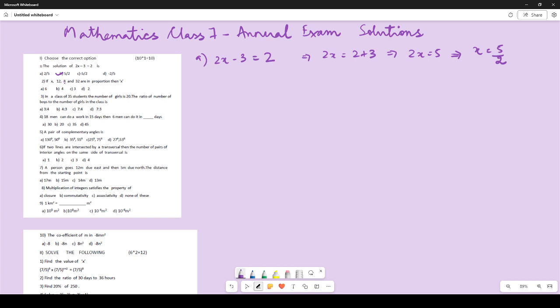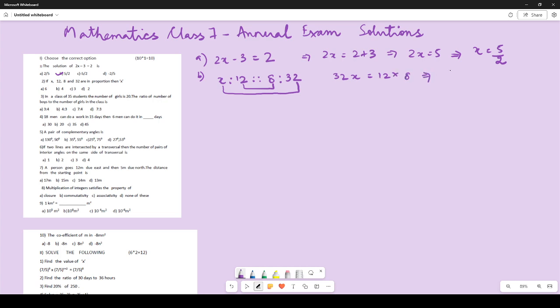If x, 12, 8 and 32 are in proportion, then x is what? So let us check this out. x is to 12 as 8 is to 32, right? So this means the product of means must be equal to the product of extremes. So what it means is 32x equals 12 into 8.